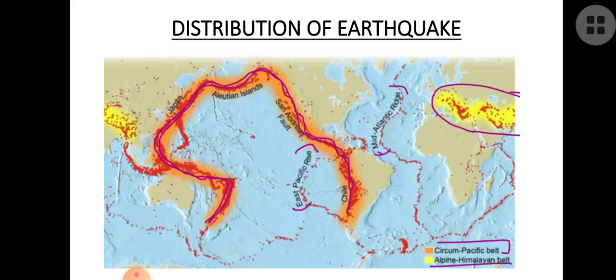In Deccan Plateau, two severe earthquakes happened. One in Maharashtra in 1967, and another one in 1993 in Latur. So these are the information regarding the earthquake.